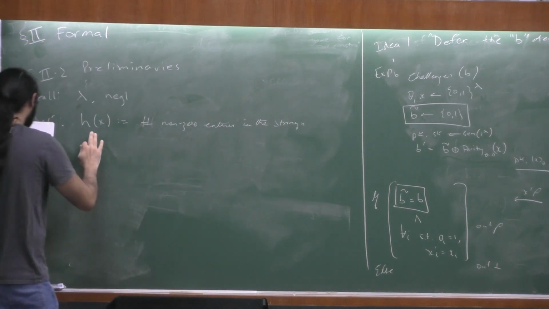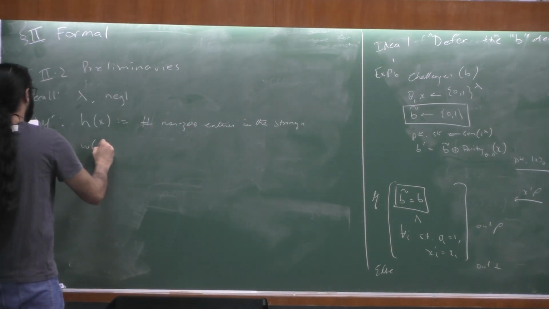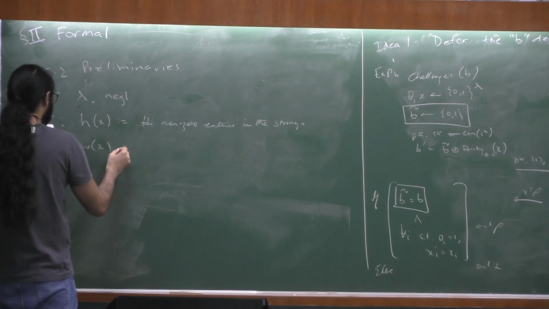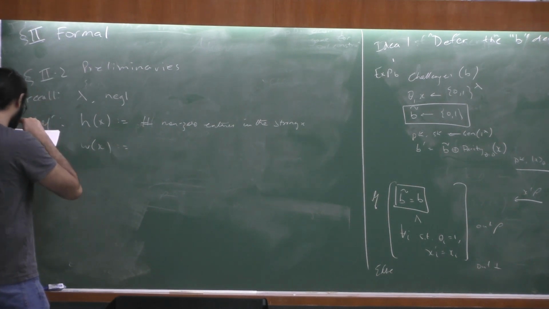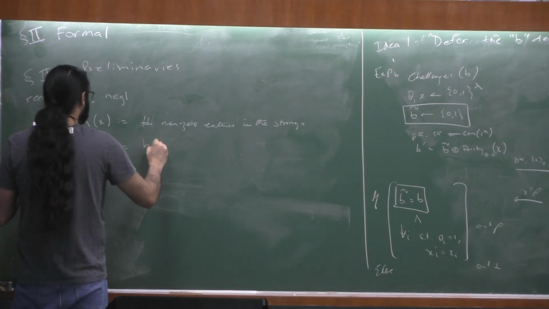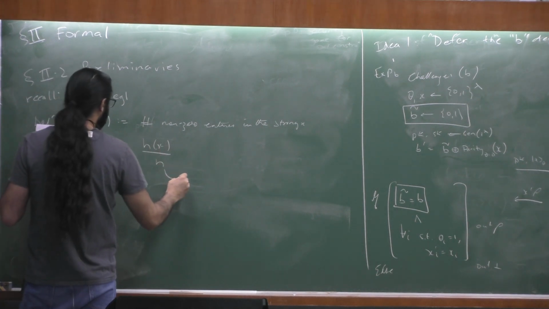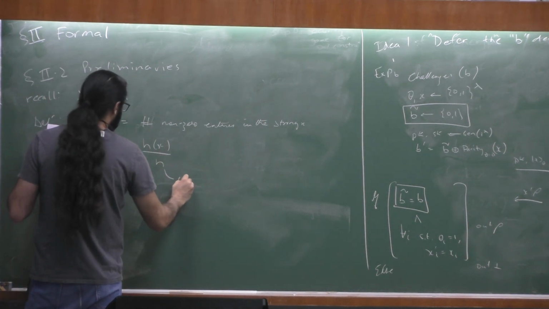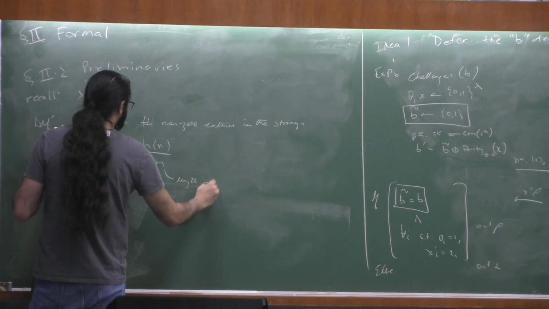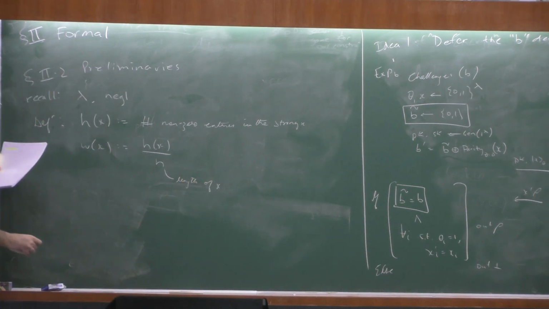That's just the Hamming weight. The w is probably a better word because it's weight. Weight of x is just the relative weight, the Hamming weight divided by n, where n is the length of x, the number of bits in x.